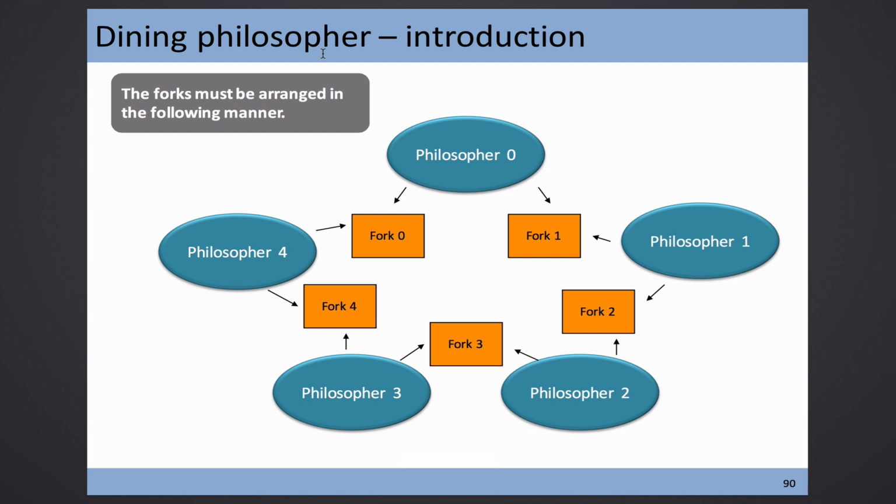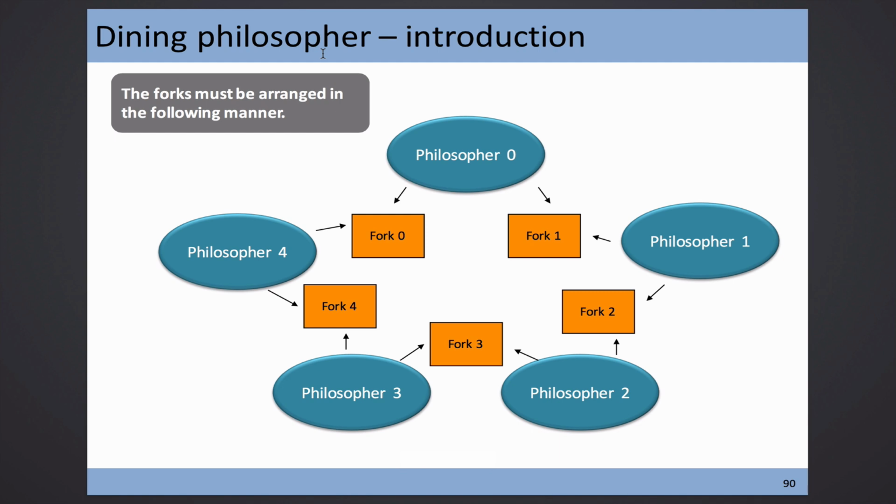For the sake of an easier talk, generically, we will say that philosopher i will need fork i as well as fork i plus 1 modulo n. So this guy, number 0, needs fork 0 as well as fork 1.